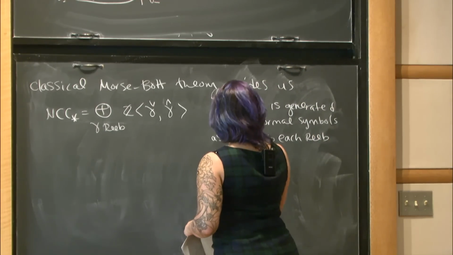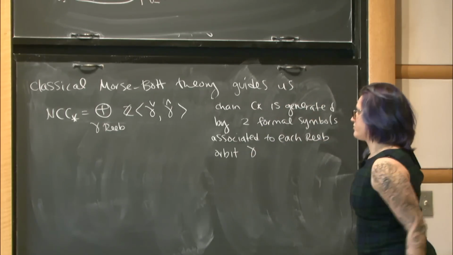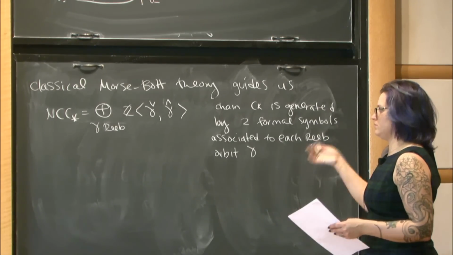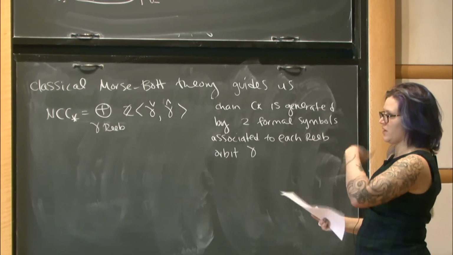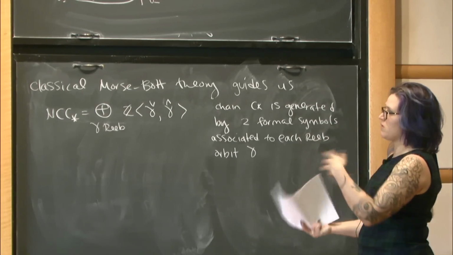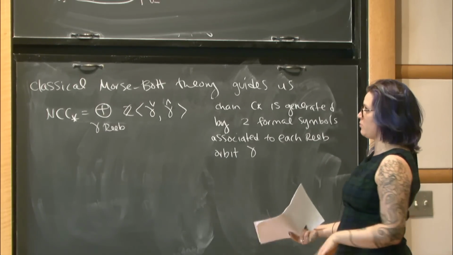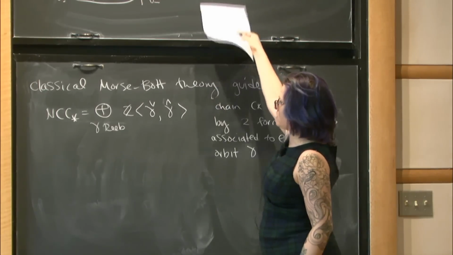So you can think that the original theory proposed by Eliashberg, Givental, and Hofer is kind of degenerate in a certain sense because you have this S1 symmetry. And so what we're doing is breaking this S1 symmetry by using domain-dependent almost complex structures, by using point constraints.